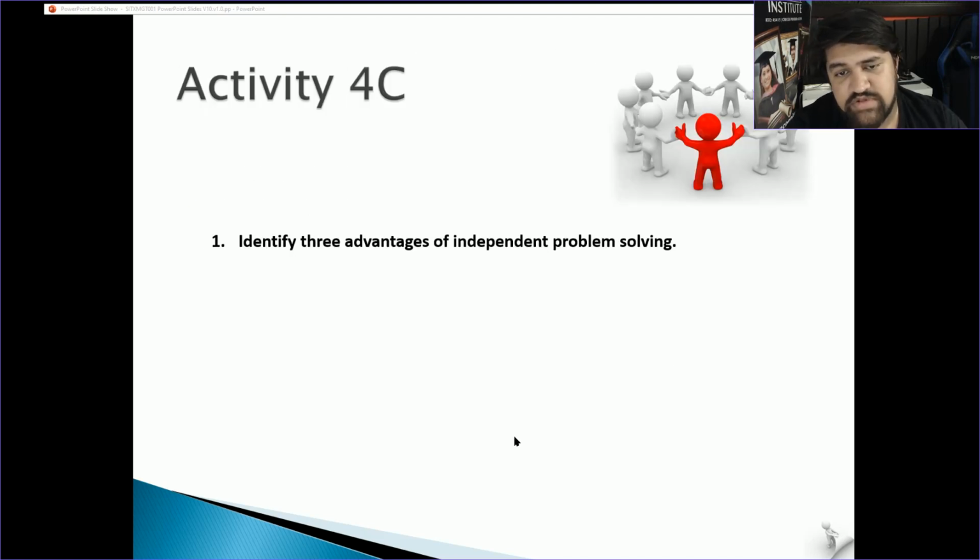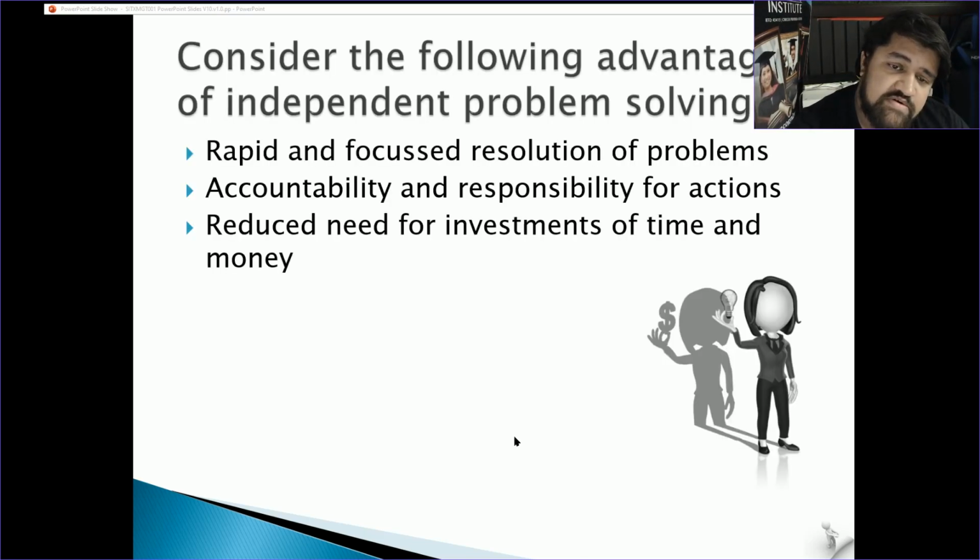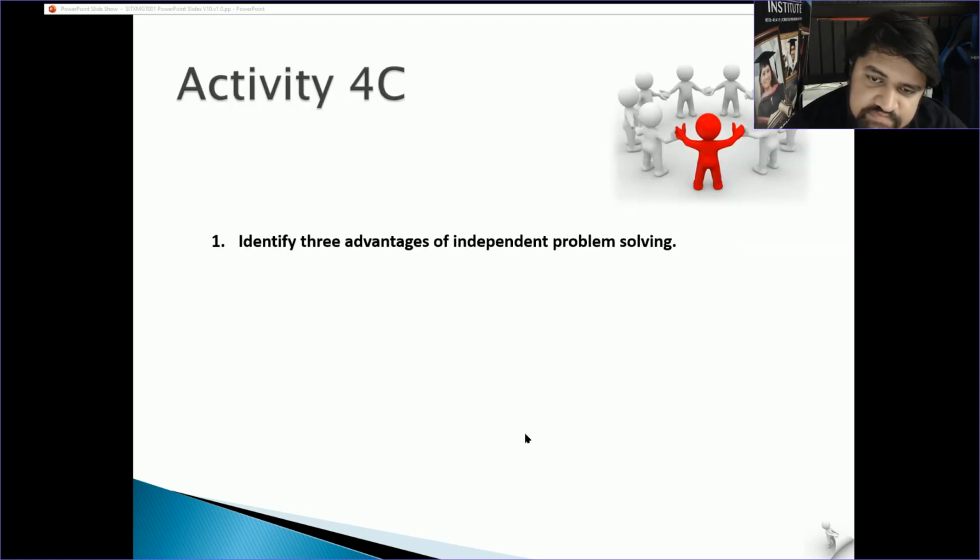So activity 4C, identify 3 advantages of independent problem solving. So like we've mentioned just before, we're thinking about reducing the need for investments of time and money. We're thinking about the accountability and responsibility for the actions that we take, and we're trying to focus on a solution and create a rapid solution for the problems.